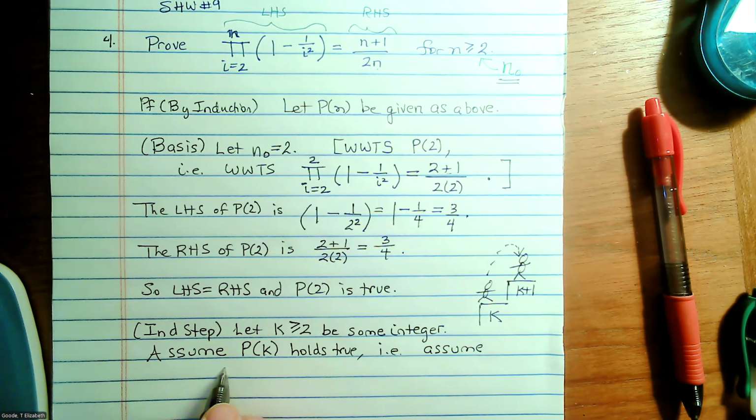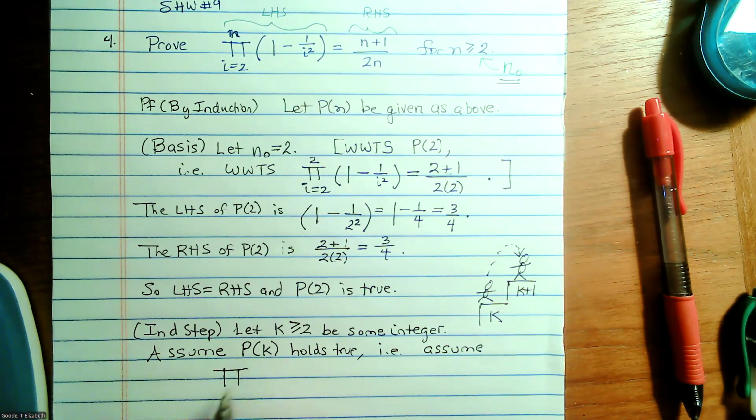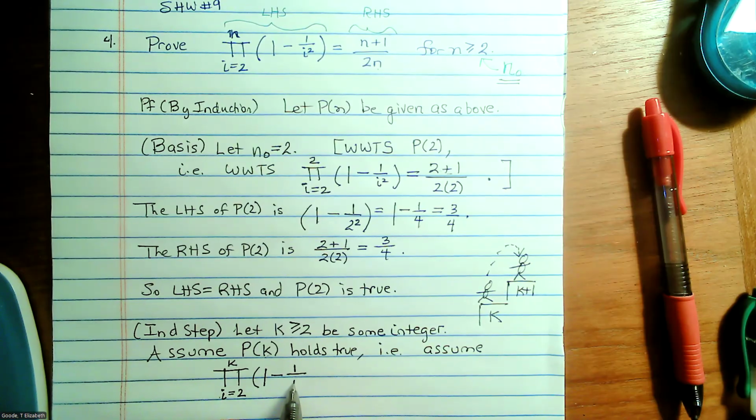So you would just be doing the same. It would be the product of, I would say, I equals 2 to what? N. Well, but N is now K. That is K, excuse me, so it'd be K. Of 1 minus 1 over I squared.